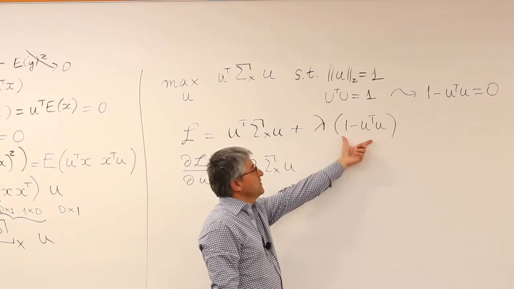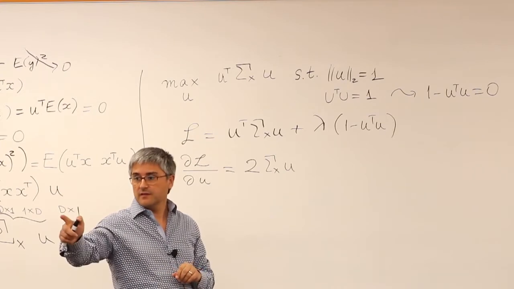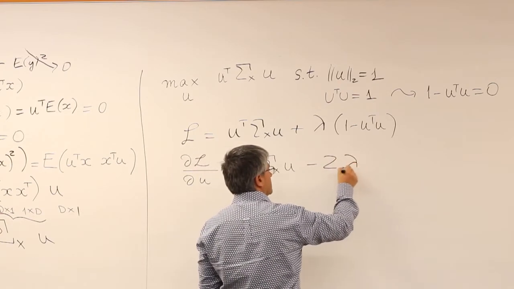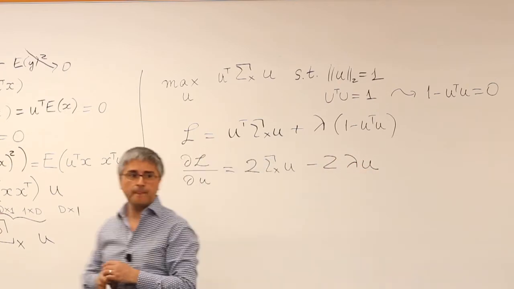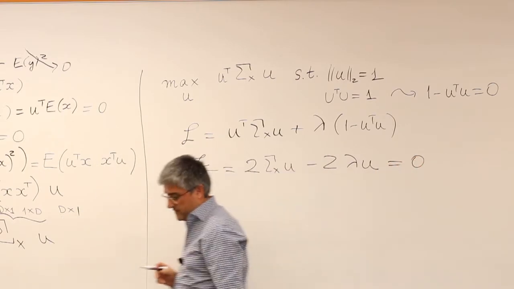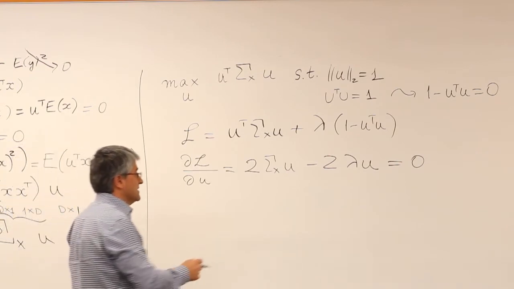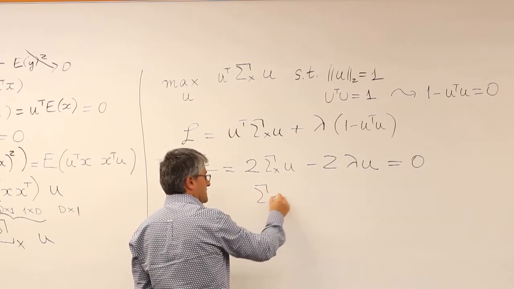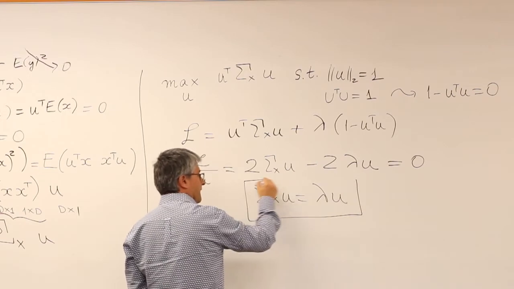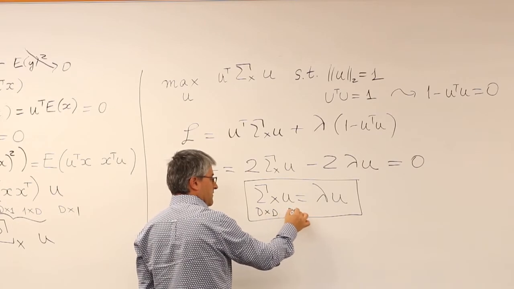Now, what is the derivative of this? Minus 2 lambda u. Okay, good. And you said that I needed to set these to 0. So take the derivative and set it to 0. If I do that, this is equal to that. So this is a d by d matrix times a d by 1 vector.